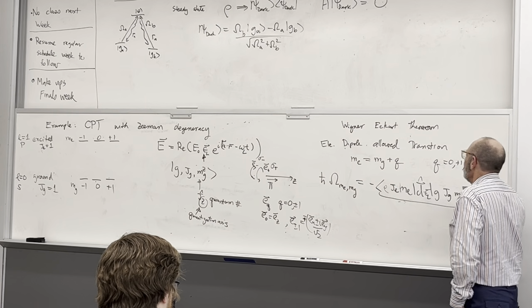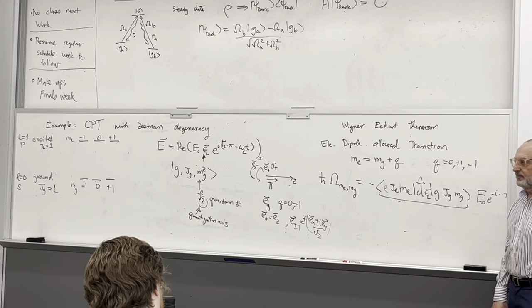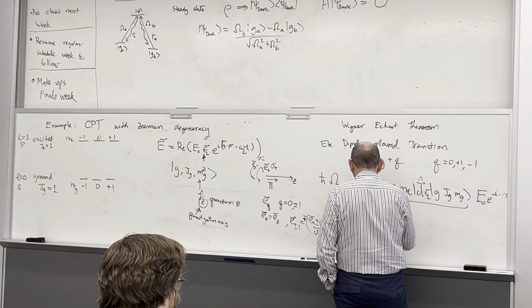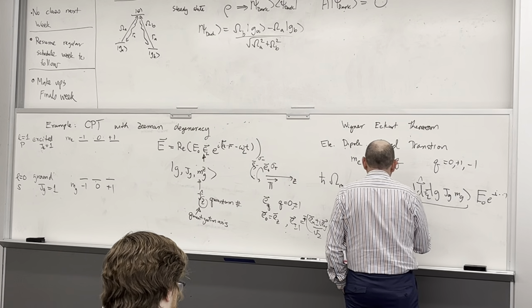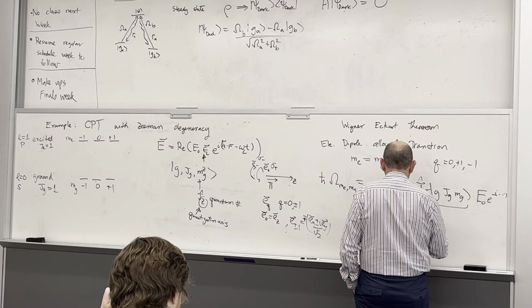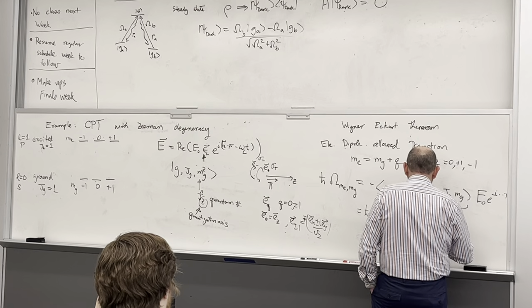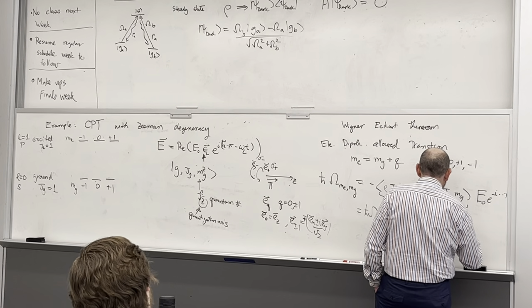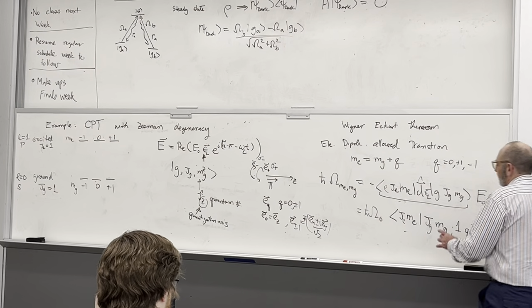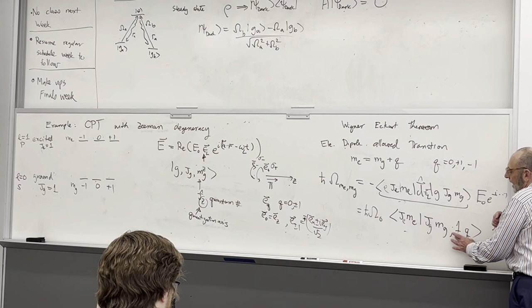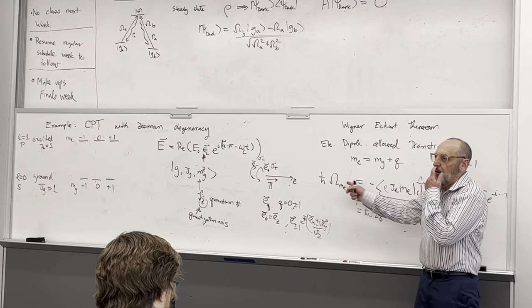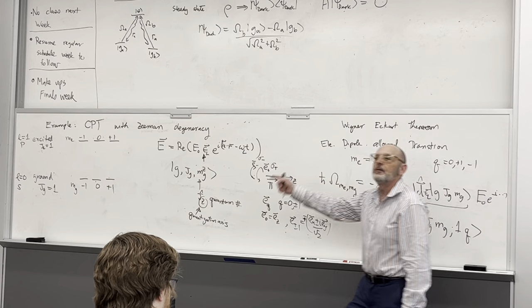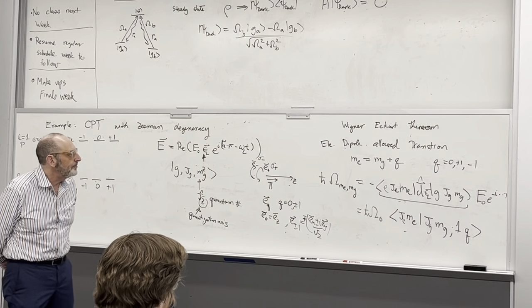And this matrix element depends on the Wigner-Eckart theorem, okay? So what we find is that this is equal to something I'll call omega naught times a Clebsch-Gordan coefficient that is associated with the addition of angular momentum, starting with the angular momentum of the atom, adding the angular momentum of the photon, and ending with the angular momentum in the excited state, okay? So the strength of this transition, that is to say the Rabi frequency, depends on the Clebsch-Gordan coefficient, okay?